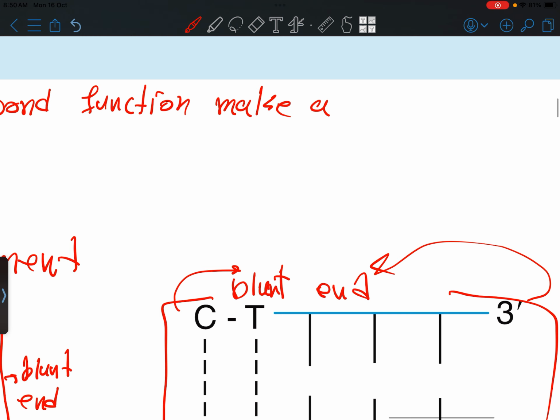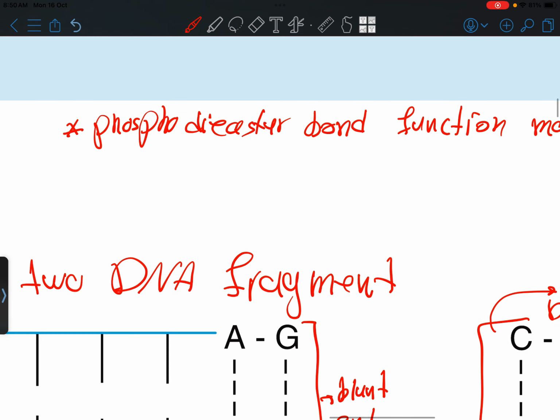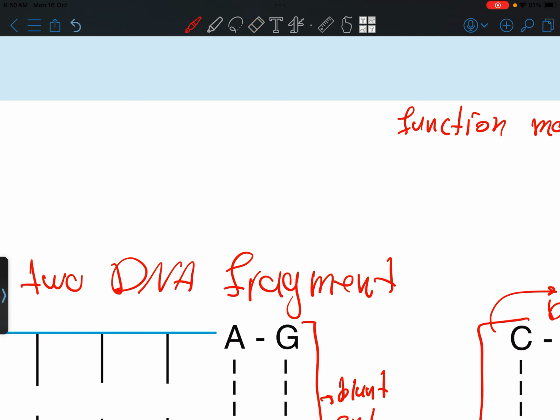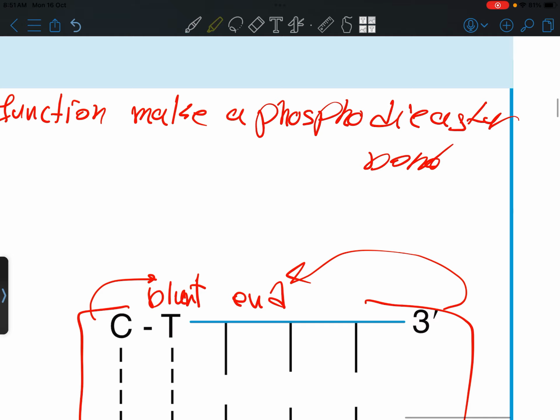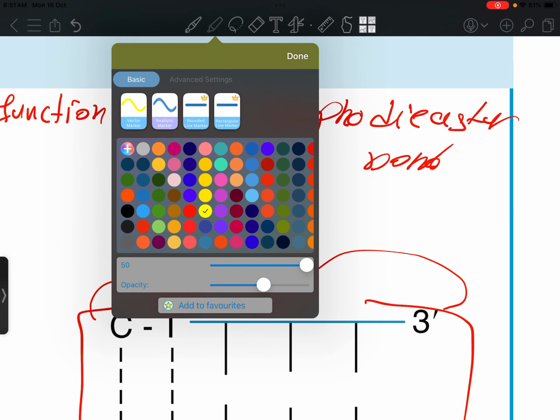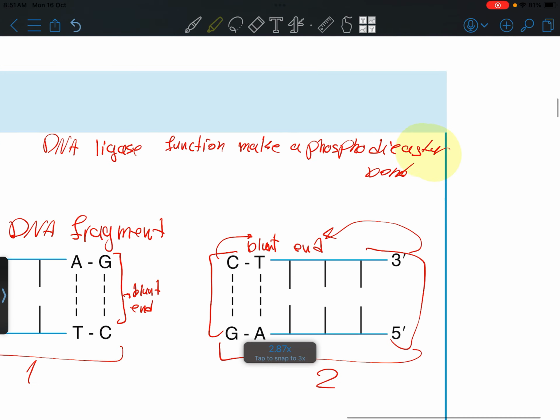Here, phosphate, OH. Now the DNA ligase can join two nucleotides by phosphodiester bonds if one of them has a phosphate group and the other has a free OH group. Which means it can join this phosphate group with this OH group, generating this molecule.